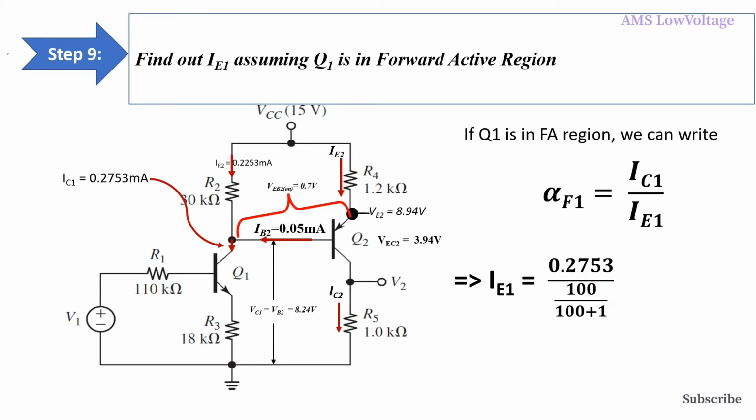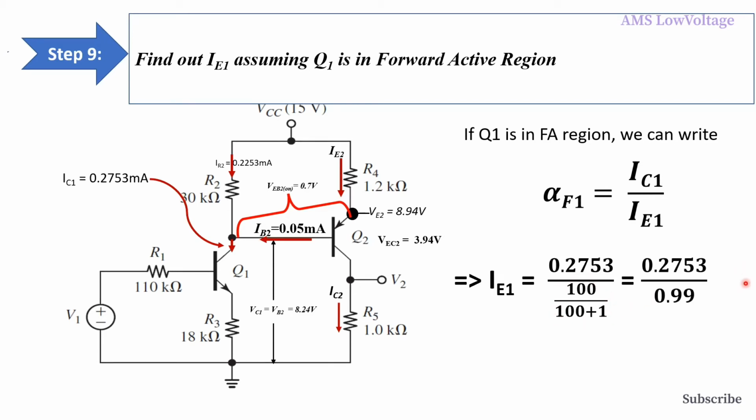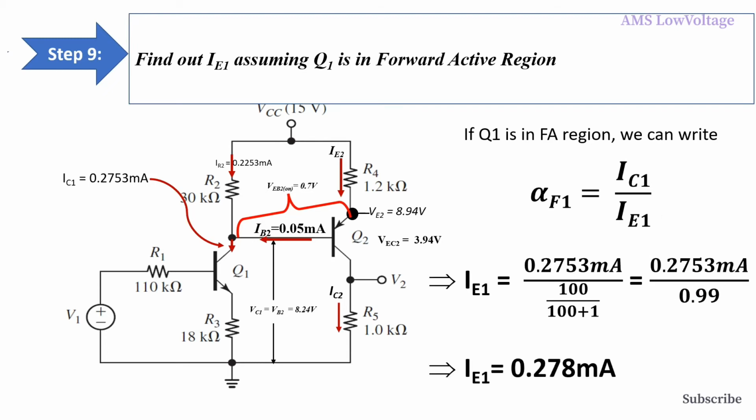After calculation we find IE1 will be 0.278 milliampere, which I have indicated here like this, and then IE1 will flow in this direction.